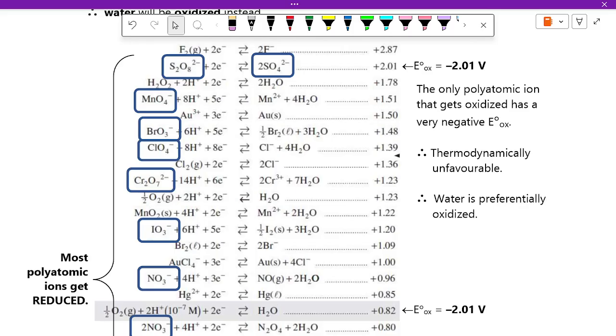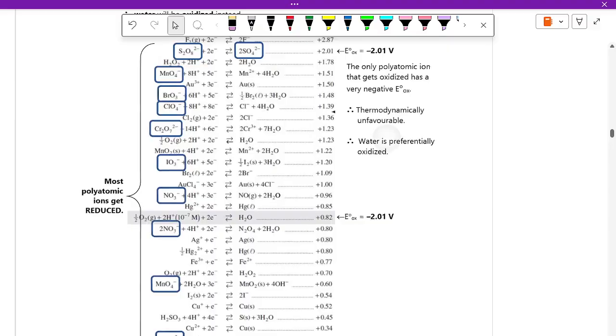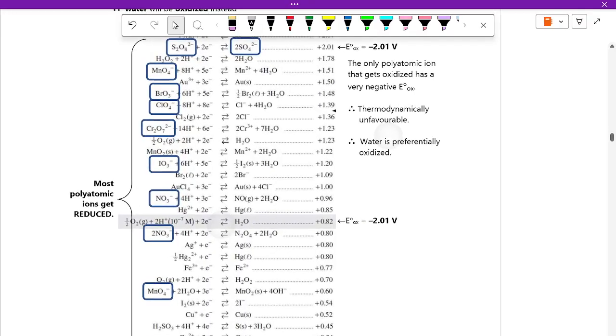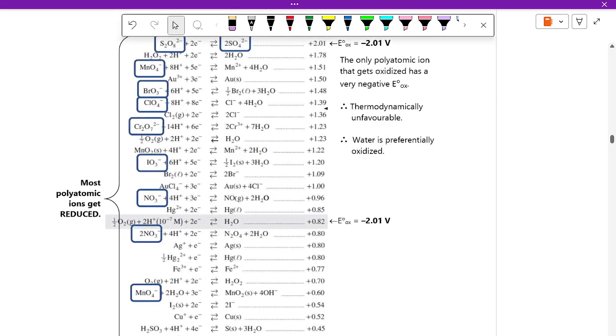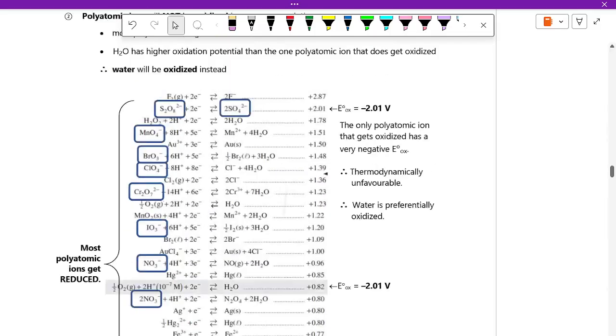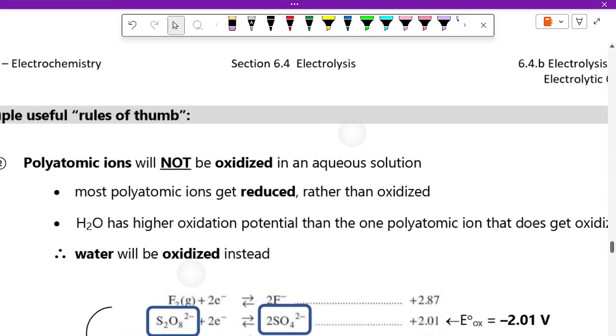So first of all, most of them are on the left, so most polyatomic ions get reduced. And that's because they usually have oxygens on them, so you're busy taking oxygens off of them. And if you take oxygens off, you are getting reduced. So polyatomic ions usually don't get oxidized.